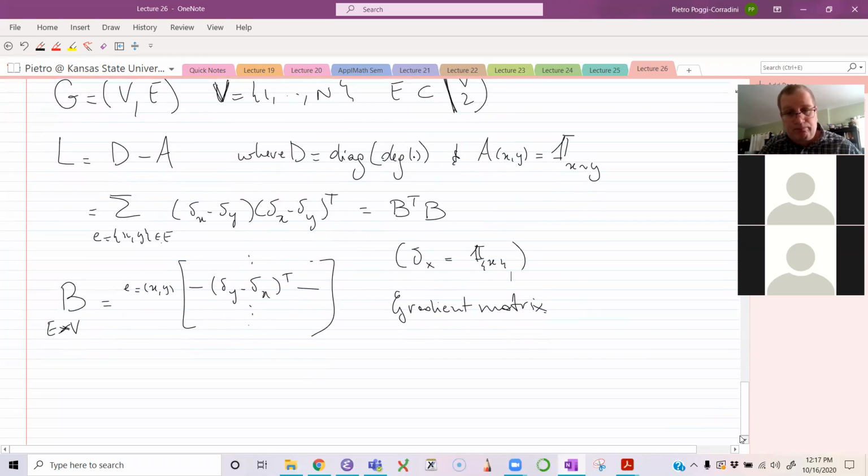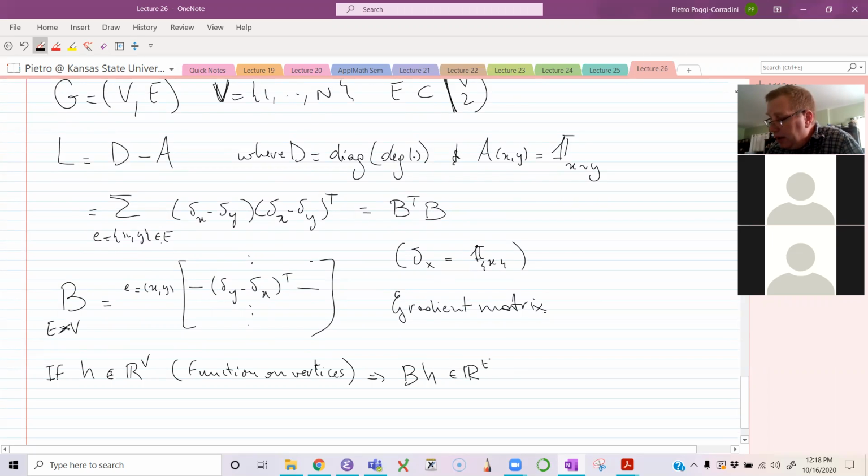And it's called the gradient matrix because if you have a function on the vertices, so if you have a vector H in R^V, then BH is going to be a vector in R^E, with the appropriate orientation. So some kind of oriented set of edges.